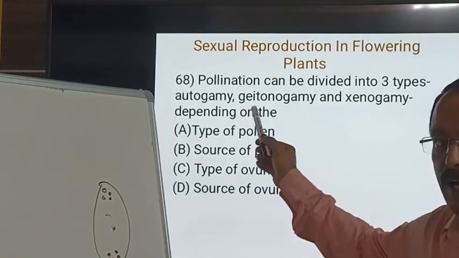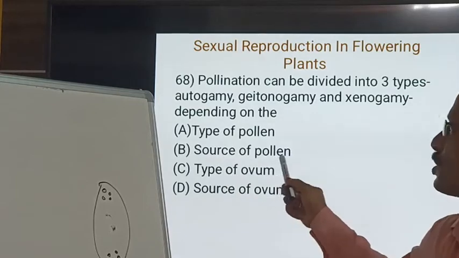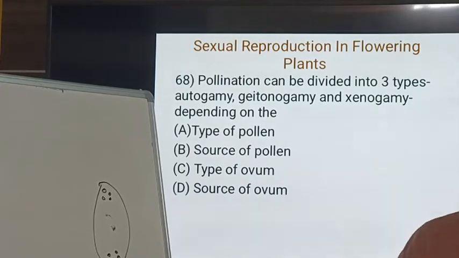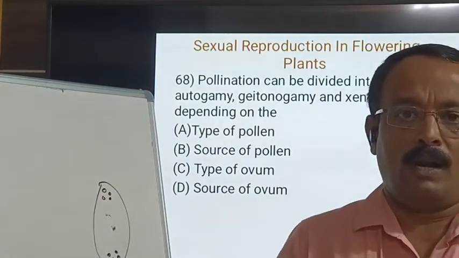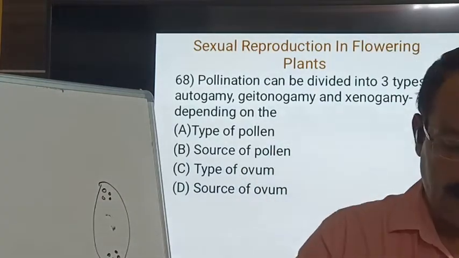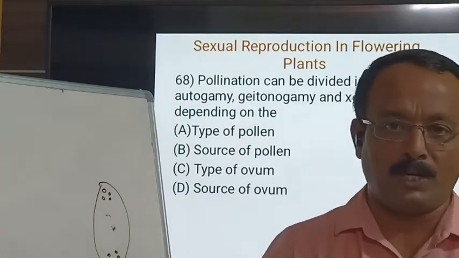Pollination is of 3 types based on the source of pollen. If the pollen shed from the anther of a flower drops on the stigma of the same flower, it is called autogamy or self-pollination.